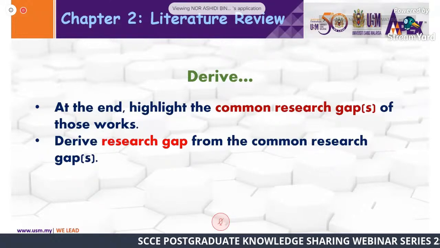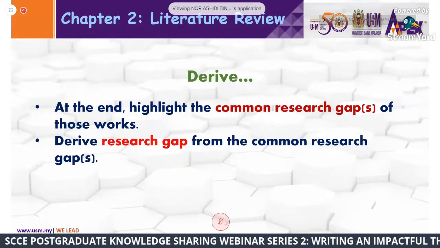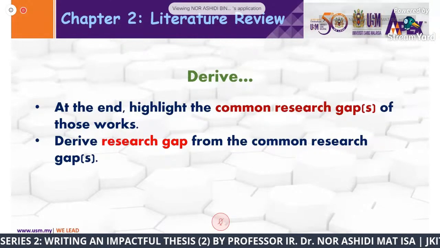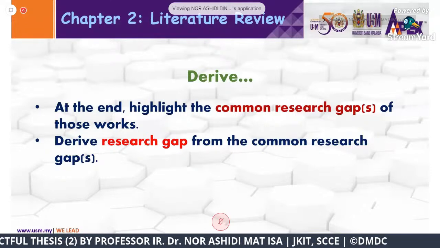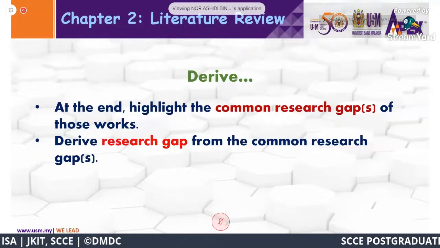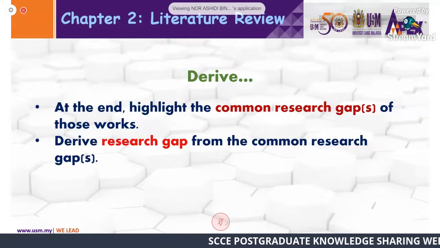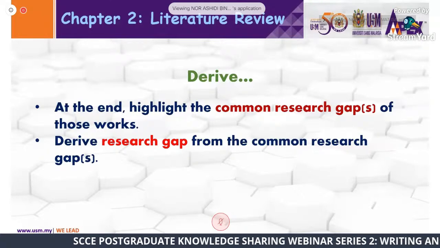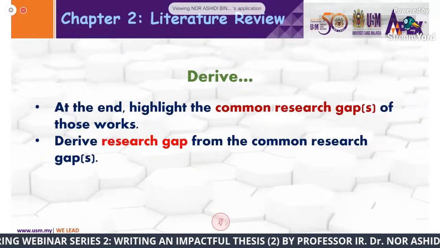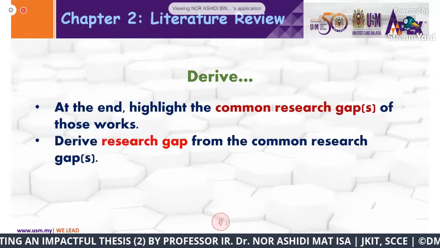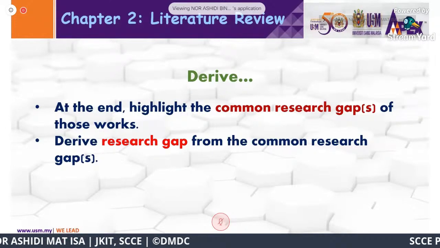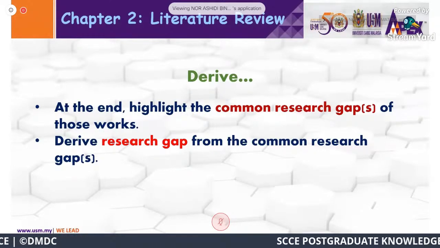As I mentioned once again, if you review 10 systems or maybe more, you have already identified the specific limitation of those systems. Now you need another skill: you need to combine those specific problems together to come up with one general common problem to become your research gap.